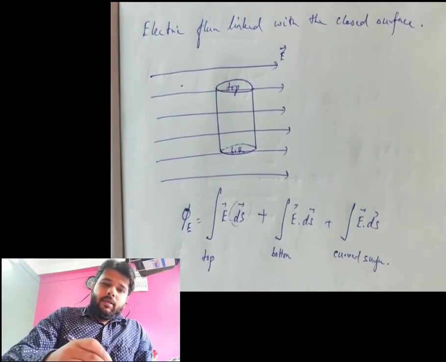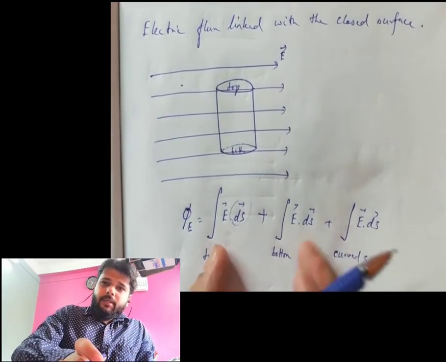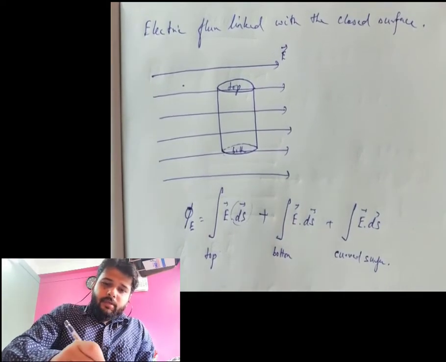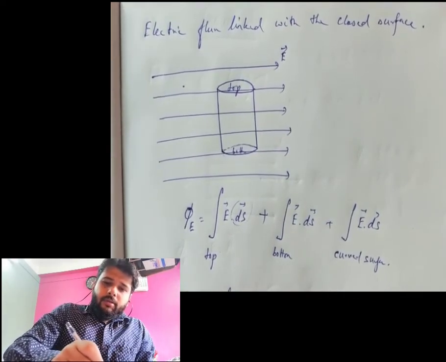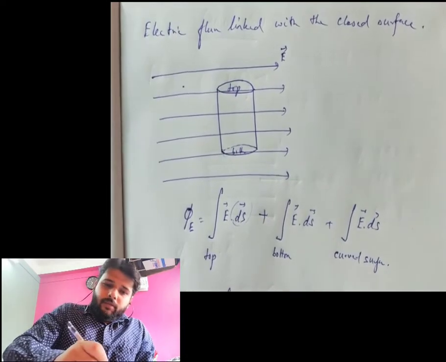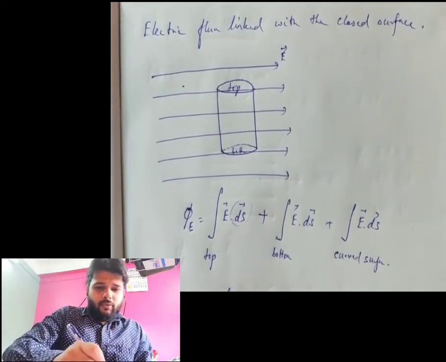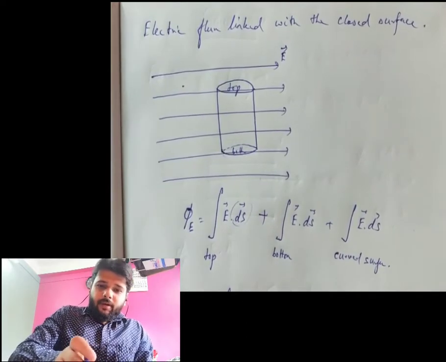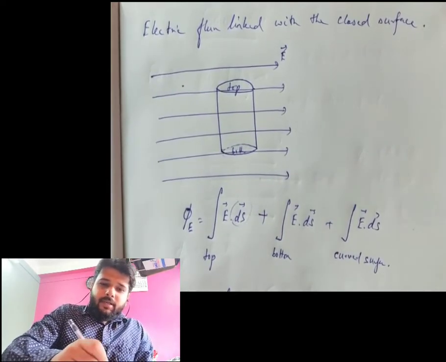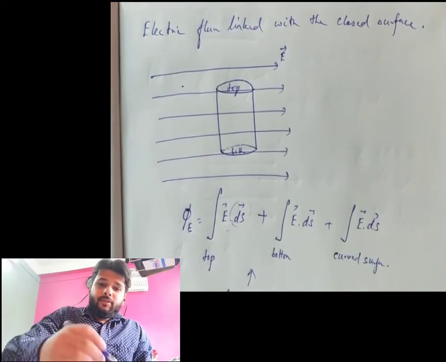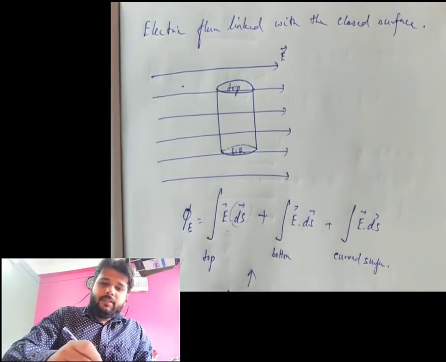Now instead of writing all this separately, we can also write this in this way: E dot ds linked with the whole closed surface area. So this is the closed integral. If I expand this, I'll get this one. So electric flux is how much?